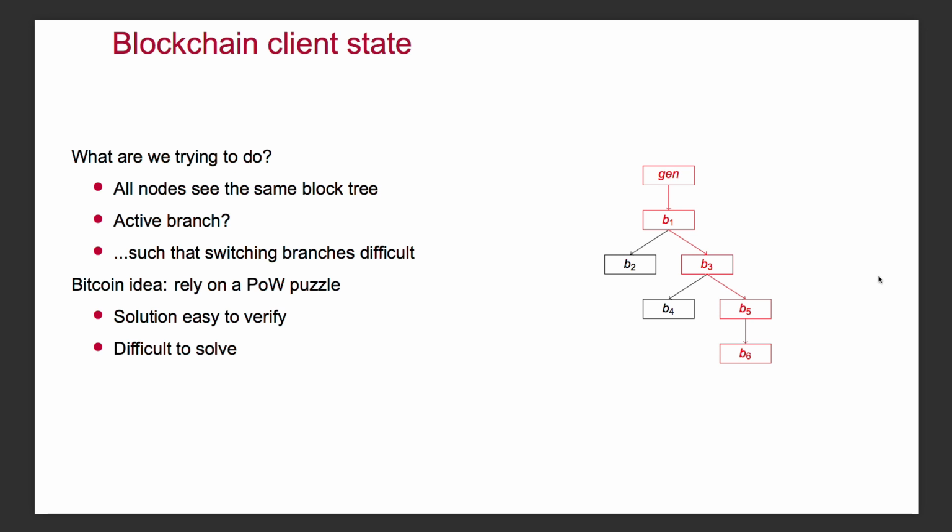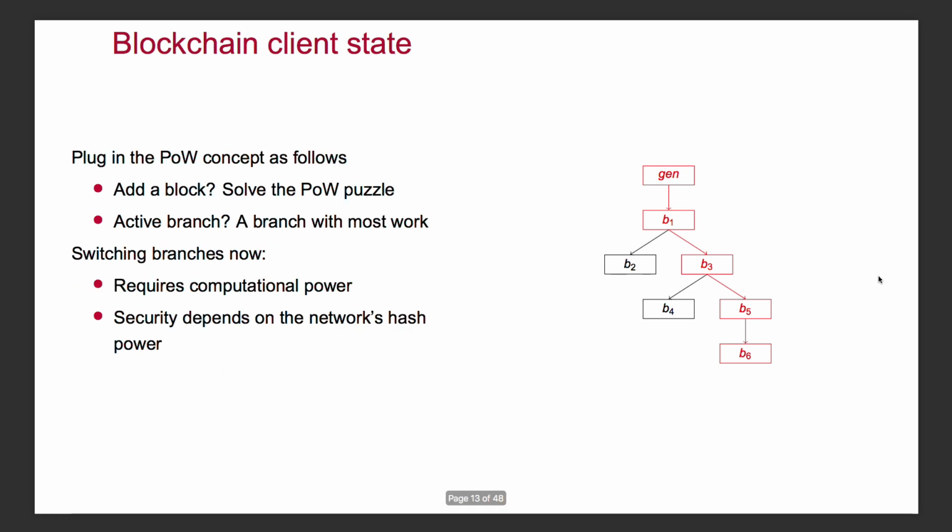Yeah, so the Bitcoin idea is really to control switching branches, making nodes switch branches by leveraging the proof of work puzzle. So how does that work? Well, if someone wants to add a block on this block tree, then he needs to solve the proof of work puzzle at a certain difficulty.